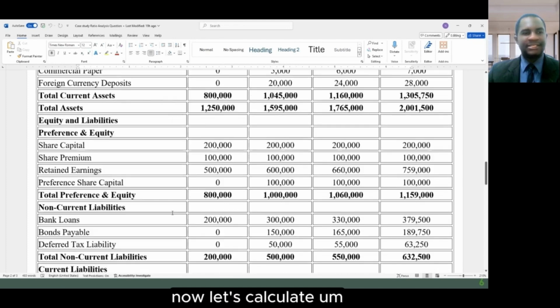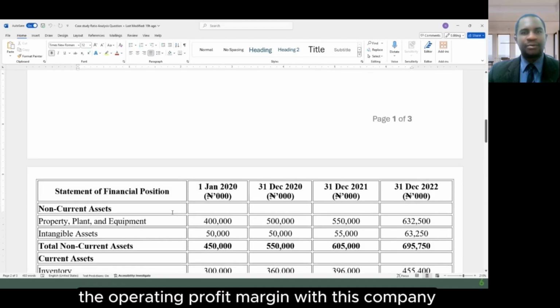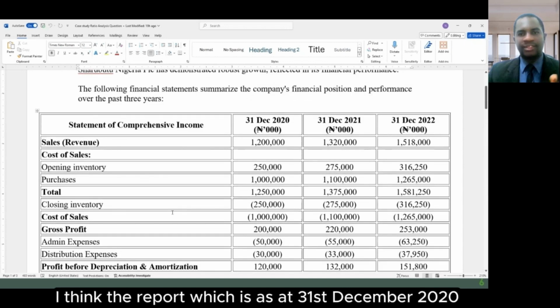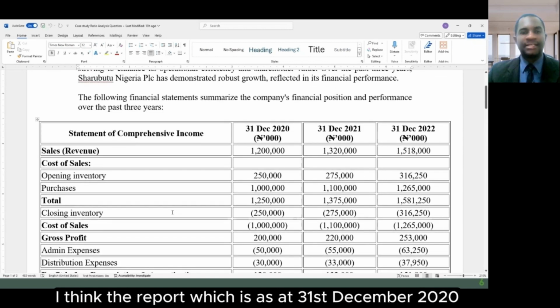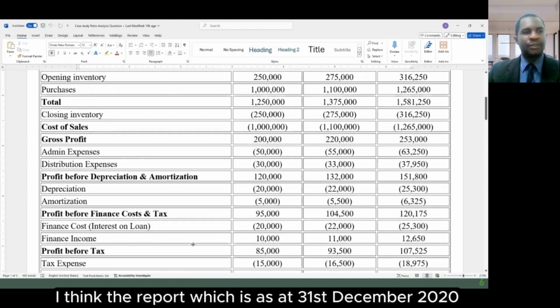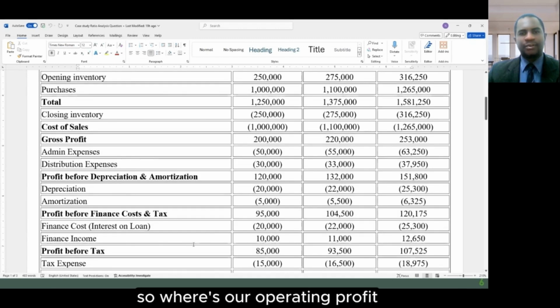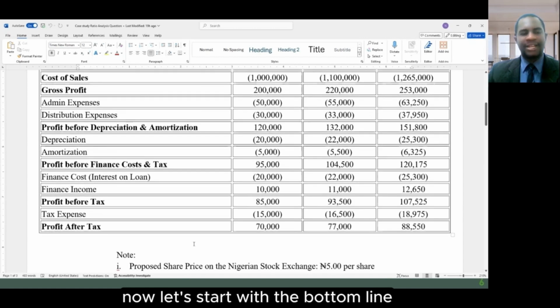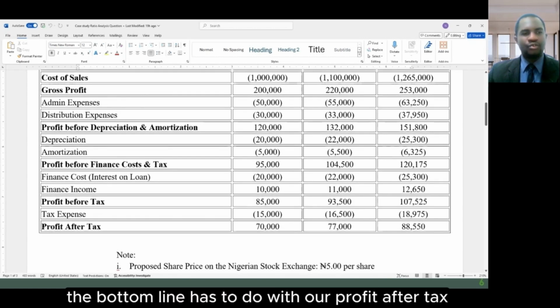Now let's calculate the operating profit margin for this company, and we take the first year, which is as at 31st December 2020. So where's our operating profit? Let's start with the bottom line, which has to do with our profit after tax.